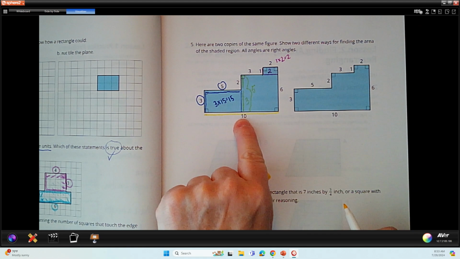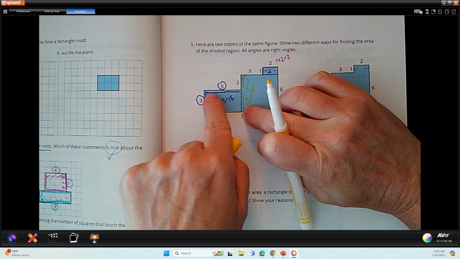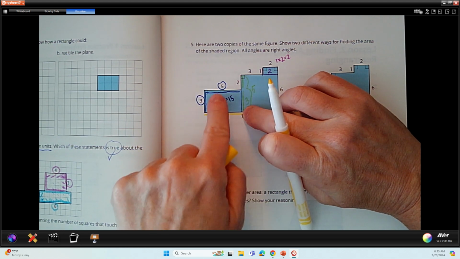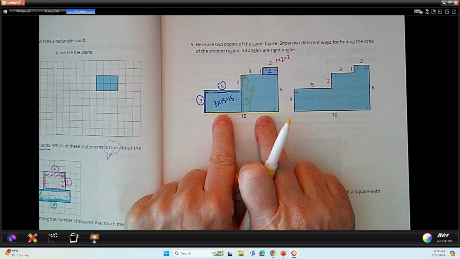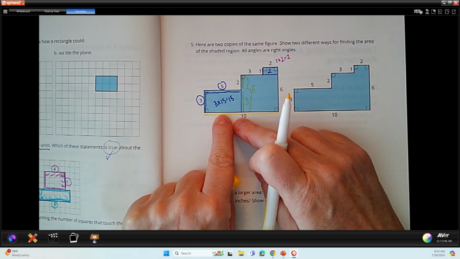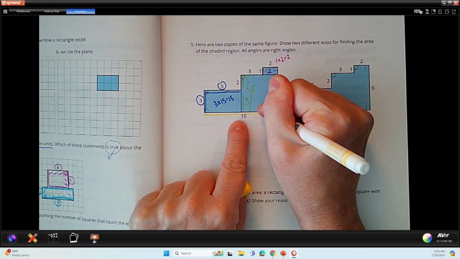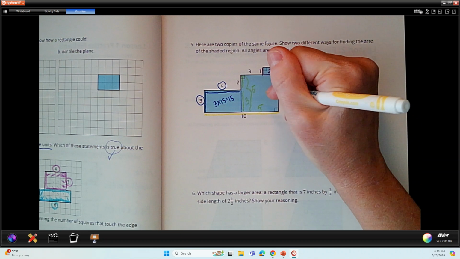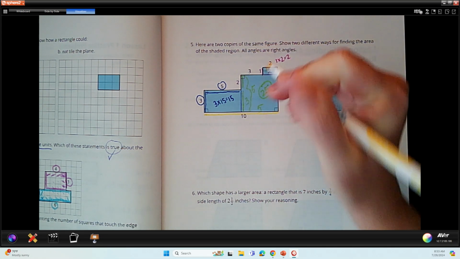But we divided it right here, and when we divided it, this is 5, this is 5, that means this is 5. So we essentially cut it in half. We didn't realize that we cut it in half, but we did. So that means this is 5. And 5 times 5 is 25. So this would be an area of 25.